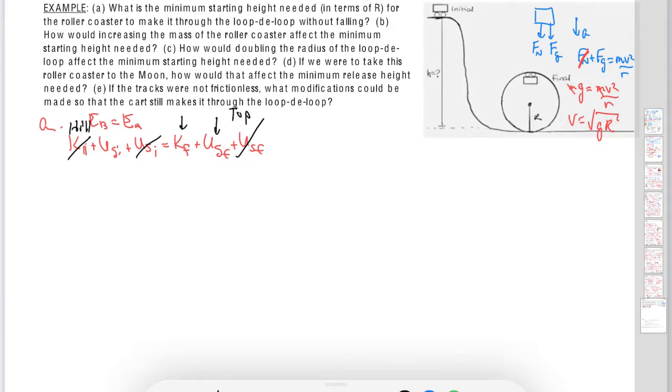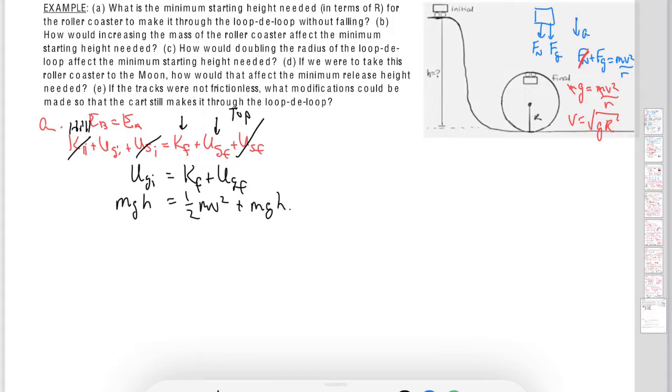And then I'm going at a speed at the top of the loop, and I'm trying to figure out the height. So I have UGI equals KF plus UGF, and now we play our algebra game. So mgh equals 1/2 mv squared plus mgh, right?